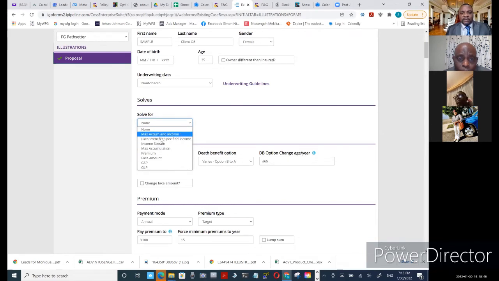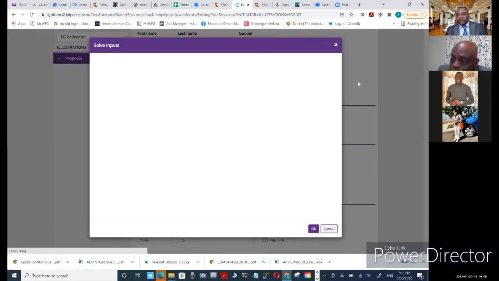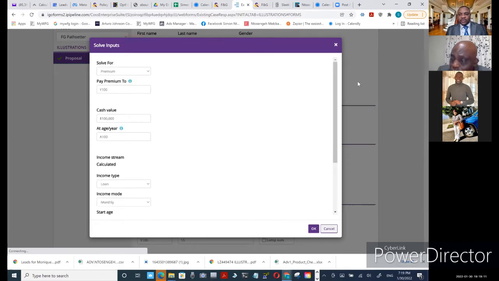We could solve for face with a specified income stream, or we just add an income stream, or maximum accumulation, which is just accumulation without distribution. We could also solve for premium, for face amount, guideline single premium, and level premium. So let's go for max accumulation and income, which means max accumulation and distribution.